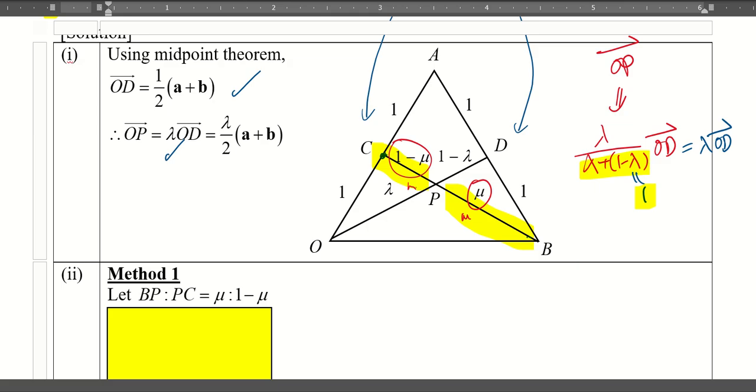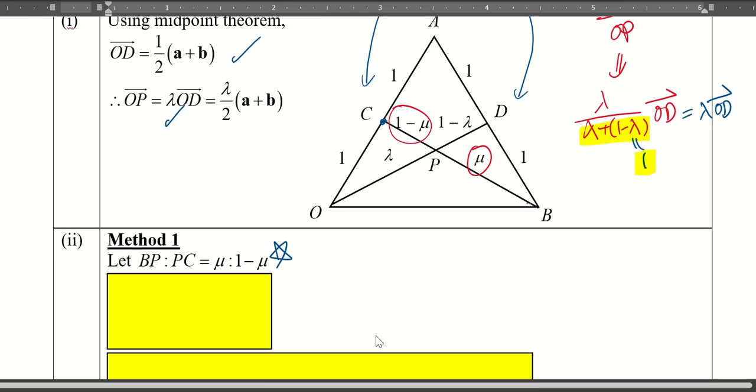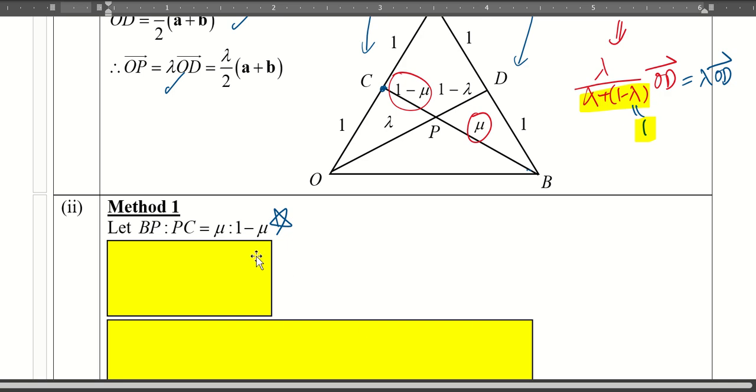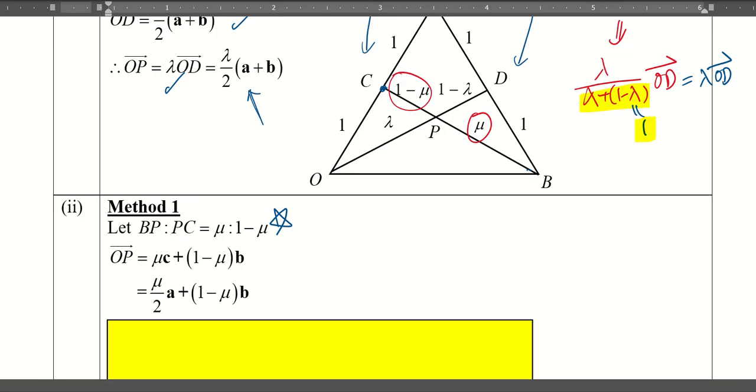Let me erase this. So firstly, these two parts have this ratio, which is what we want to solve. Then next, I'm going to express OP in terms of A and B and unknown mu, instead of earlier on A and B and unknown lambda.